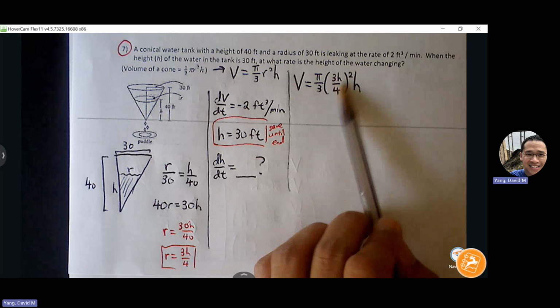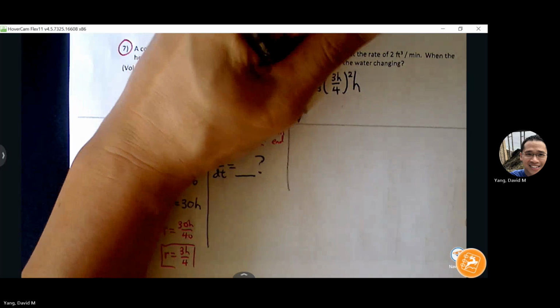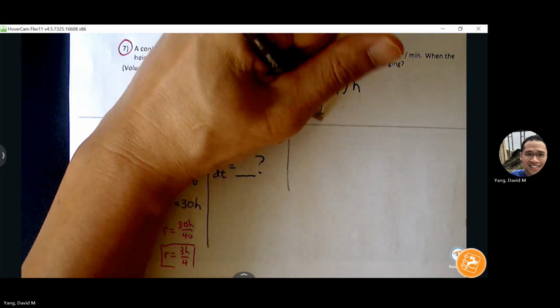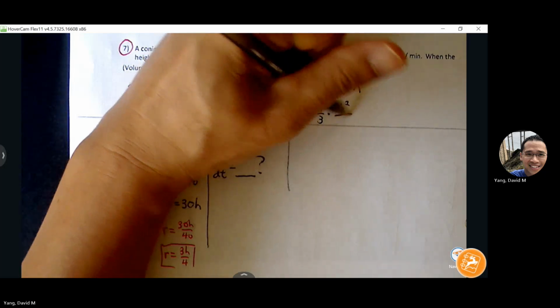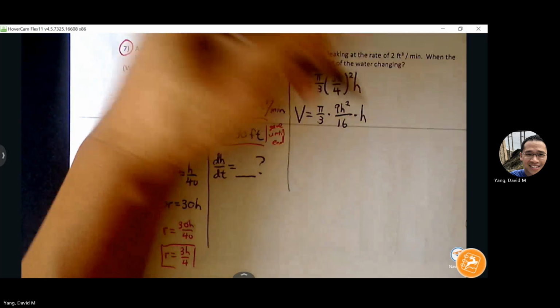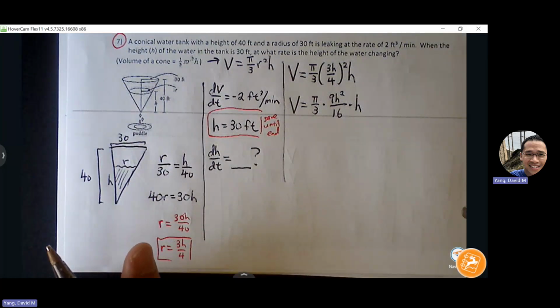Yeah, let's square what's inside the parentheses. Let's put all the fractional values together. Let's merge all the h's together. Still not ready for power rule, okay?